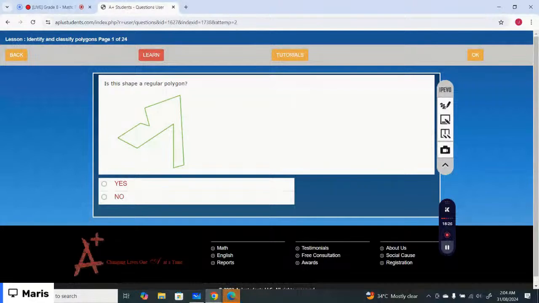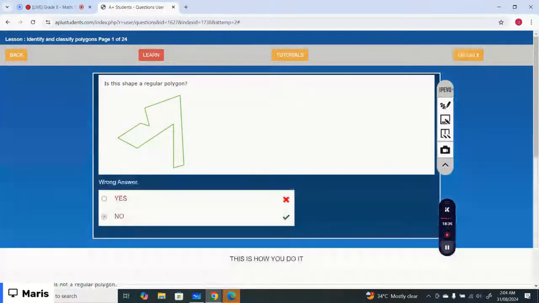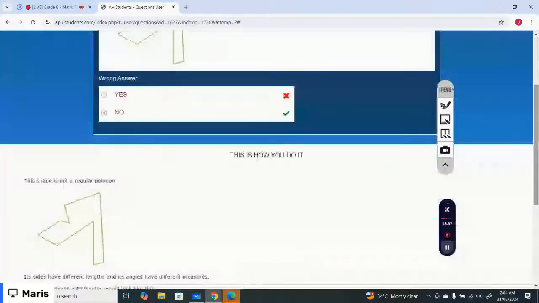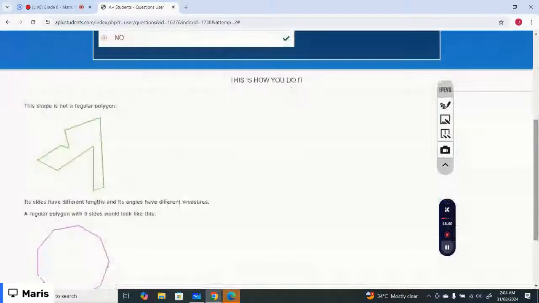The correct option is no, this isn't a polygon, right? It is a closed shape and must have straight lines. Its sides have different lengths and its angles have different measures, so that's why this is not a regular polygon.